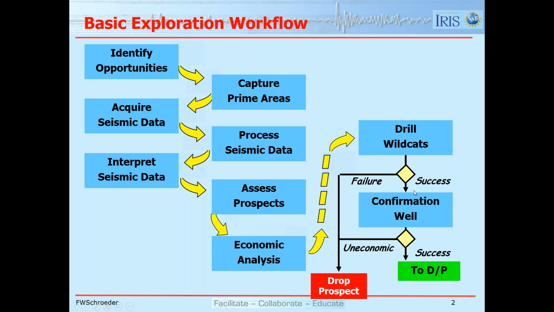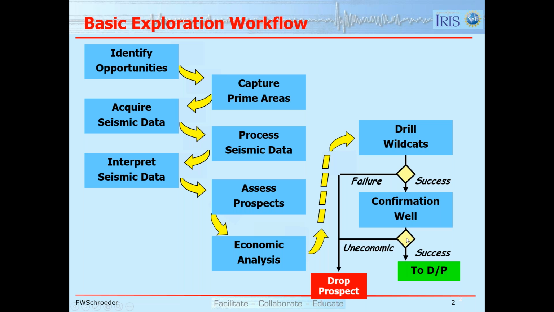And we drill the wildcat, and if we don't find what we thought we would, or we don't have enough volume of hydrocarbons, then we're going to drop the prospect. But we don't like to think about our failures. Let's think more positively. We discover hydrocarbons. We might have to drill 1 or 2 or 3 confirmation wells. We can prove to management that, yes, it is an economic quantity of oil and gas.